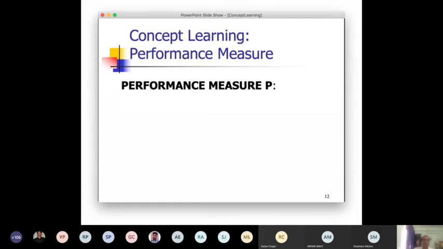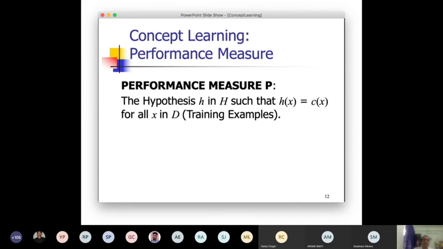And the performance measure, by which you can say that your hypothesis is satisfying your requirements, or what the performance of the learning is. In this case, you assume that at least your hypothesis should be true for every training sample. That is the assumption we are considering.